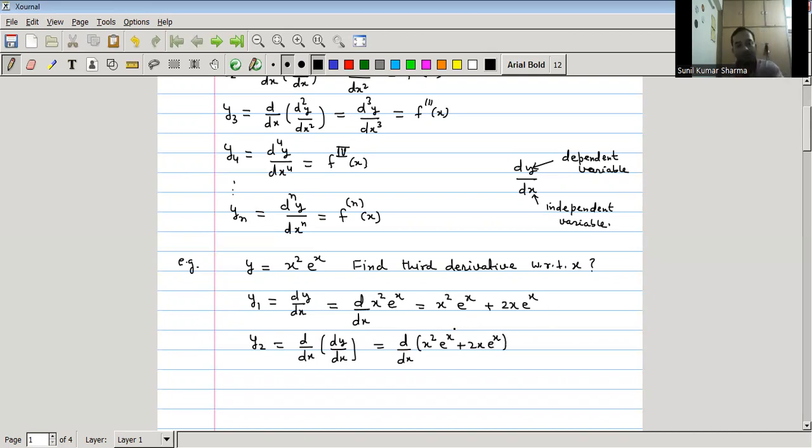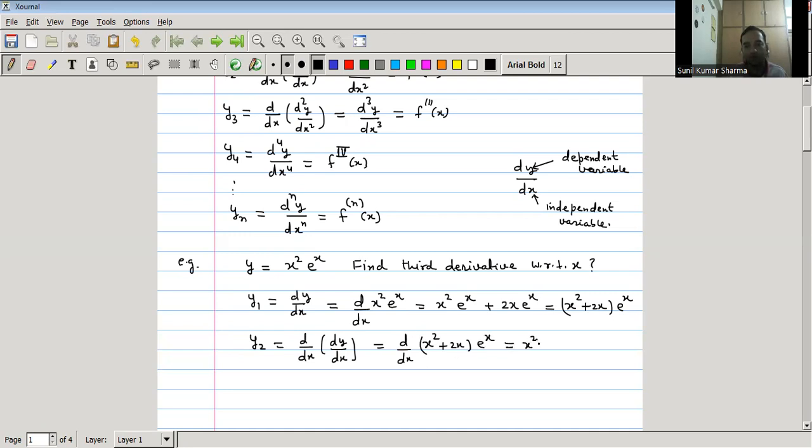We can simplify this. Instead of writing this, we can also write it as x square plus 2x into e power x. We can take e power x to be common. Now again we use the product rule.